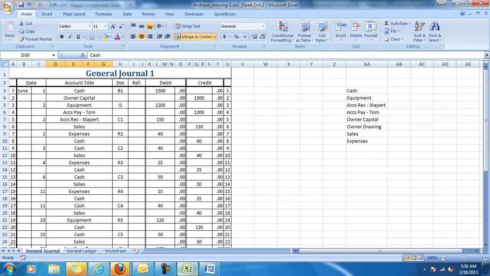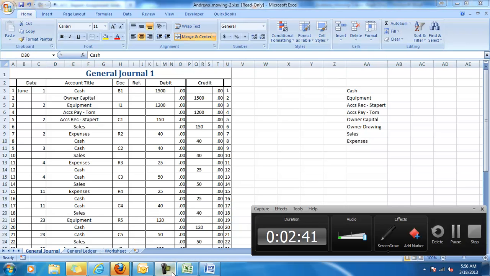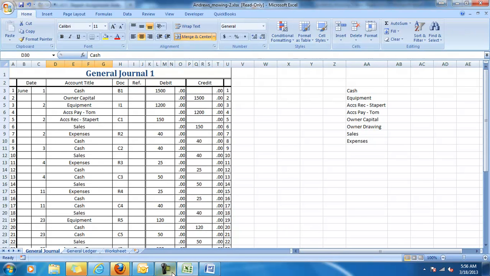Once you have your general journal finished, the next step is to post those things into the general ledger. I'd start with your cash account, and the important thing here, of course, is to transfer your balances into the proper column. If it's a debit, you put it in the debit, and the credit in the credit.